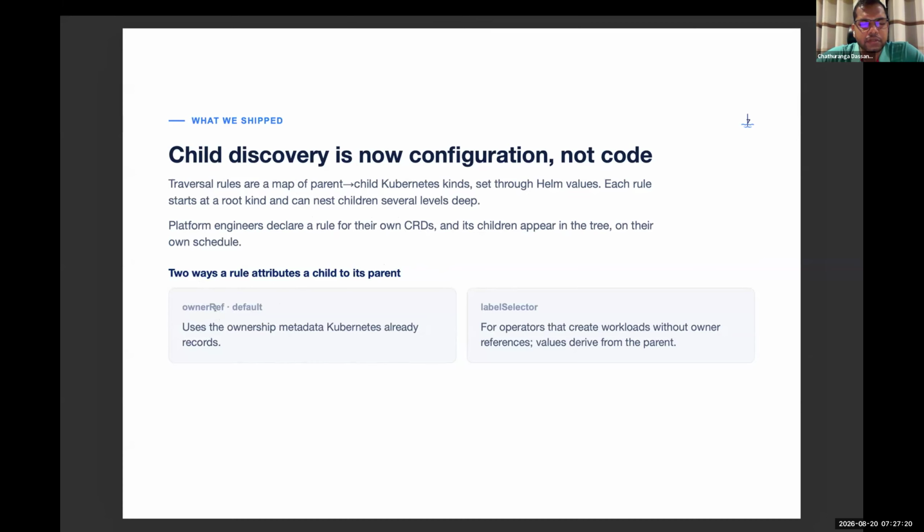If you're familiar with how owner references work, for example, a deployment creates replica sets, and under the replica set's resource metadata, it has its owner resource defined. That way we can discover which child got created. In some cases, operators don't use owner references due to some limitations, so for that we support label selector attributes.